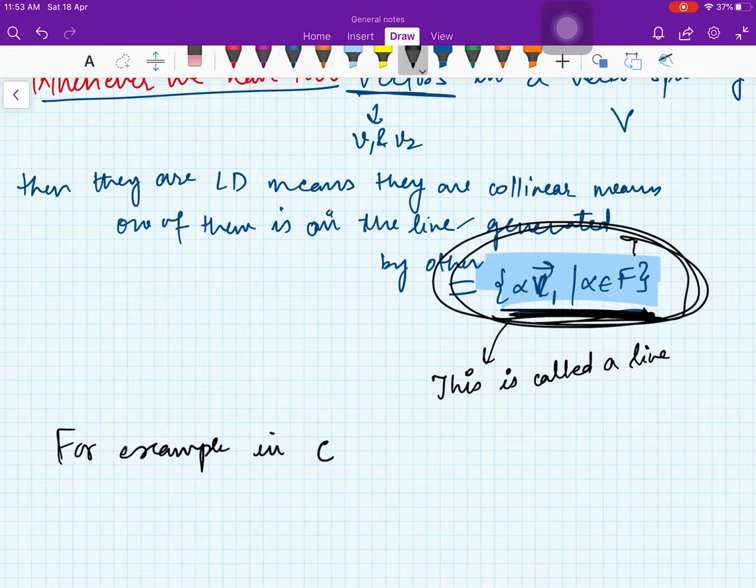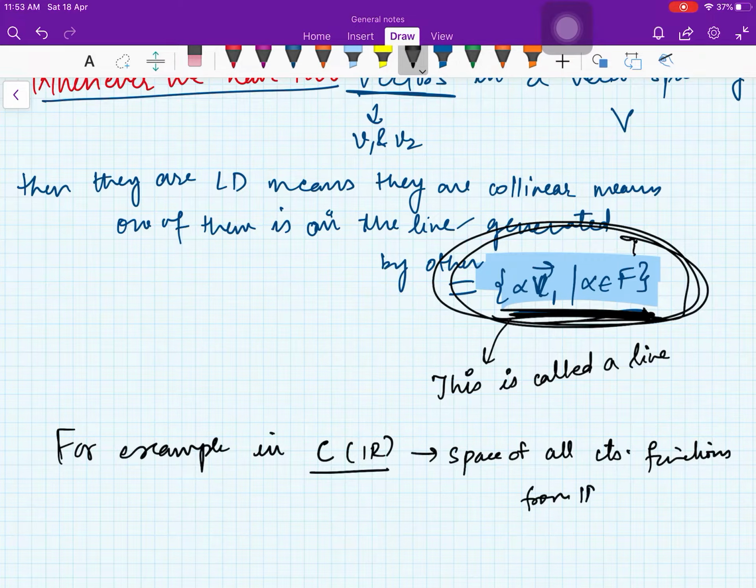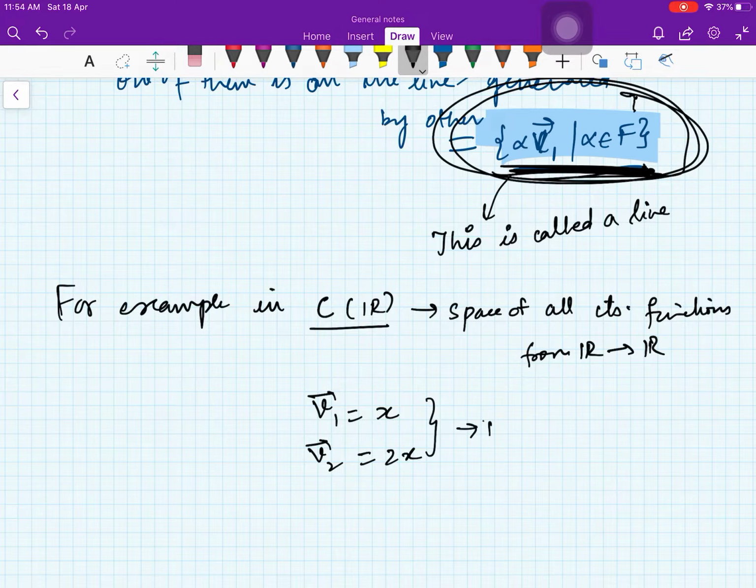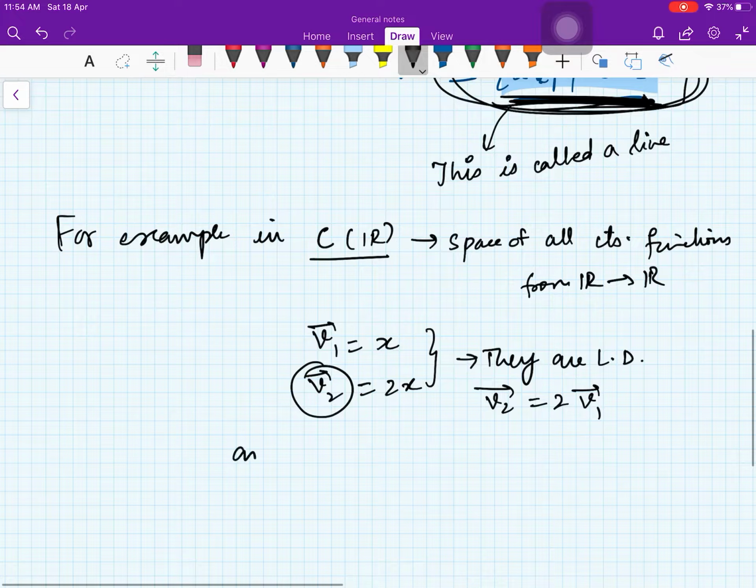So for example, take the space of all continuous functions from R to R. If I give you two function vectors, v1 is x and v2 is 2x, they are linearly dependent because you can see that v2 is equal to 2 times v1.